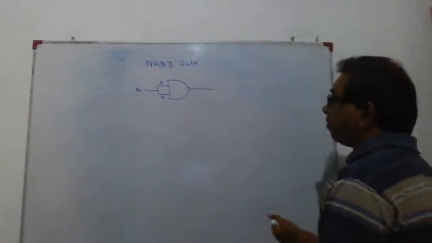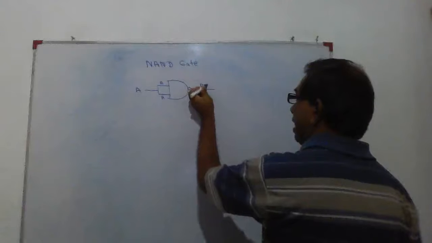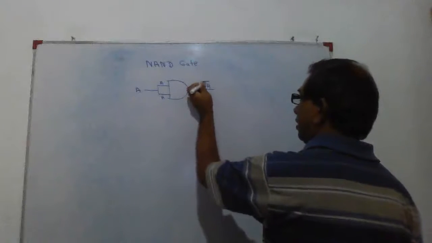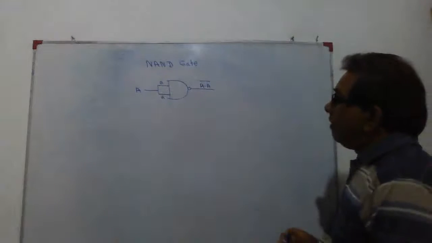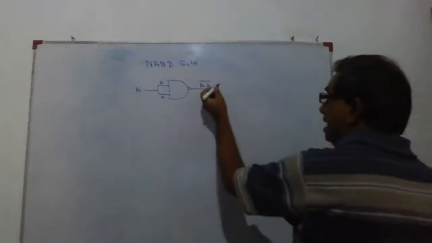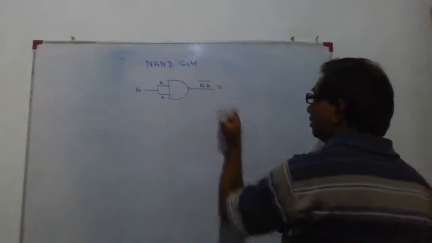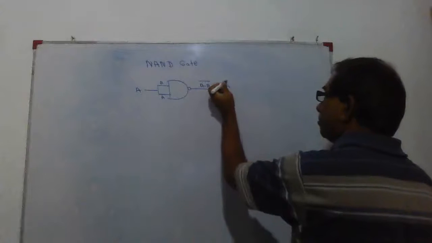So then output can be like this, A and A bar. Now how can you understand? A and A bar is equal to A bar.